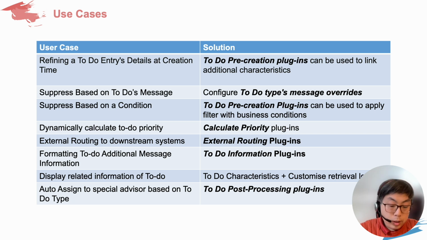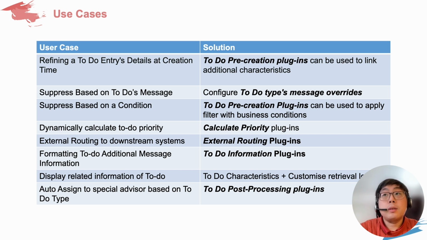Now, next one, display related information of to-do. Now, what you need to remember is here we want to have additional characteristics, but we need to not only define the characteristics, but also populate these values. This is similar to what we talked about on the first point, refining the details at creation time.